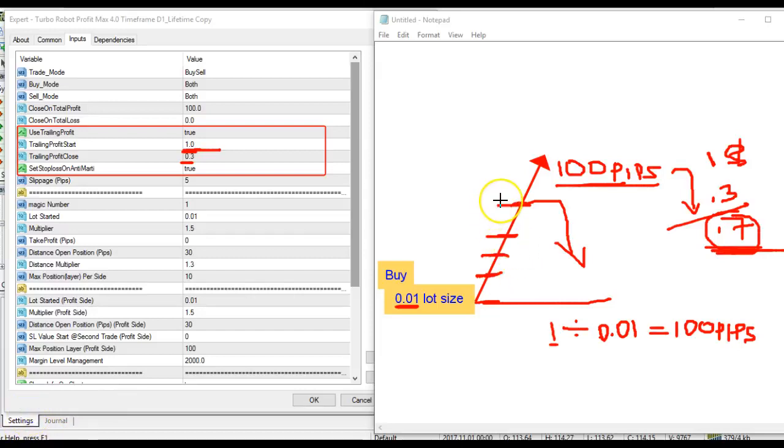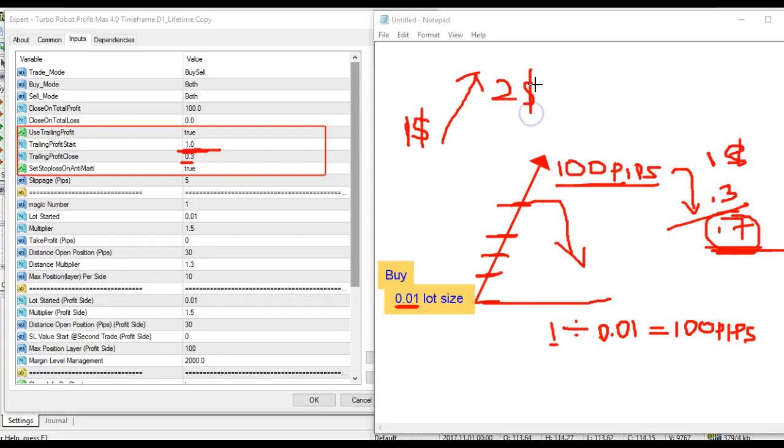So what will happen if, let's say, you are earning more than that? The EA or the robot will already lock the profit of $1, because you hit this $1 over here, right? So what if it goes up some more? All right, so it hits another maybe $2.